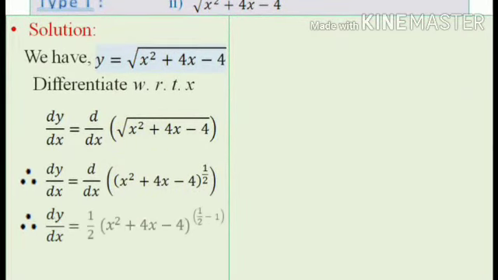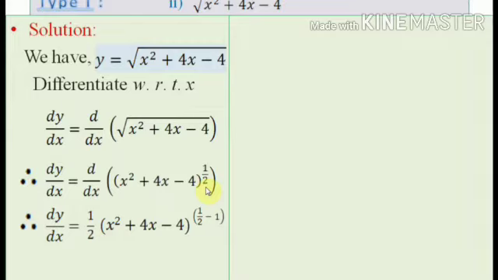Therefore 1 upon 2, where x is taken to be x square plus 4x minus 4, that is the function f of x. Therefore 1 upon 2 into bracket x square plus 4x minus 4 bracket raised to n minus 1, that is 1 by 2 minus 1, by the formula for the derivative of x raised to n.